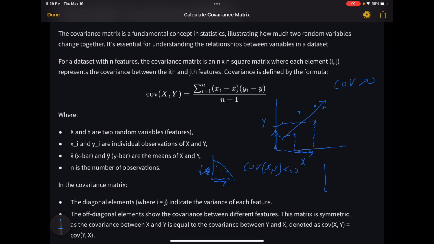And then you could say something has 0 covariance if it's just random points and there's no real linear trend. So the goal today is how do we compute the covariance, and how does that transfer to a covariance matrix? And now that you understand a brief idea of what the covariance does and what it's measuring, we'll go into some examples.